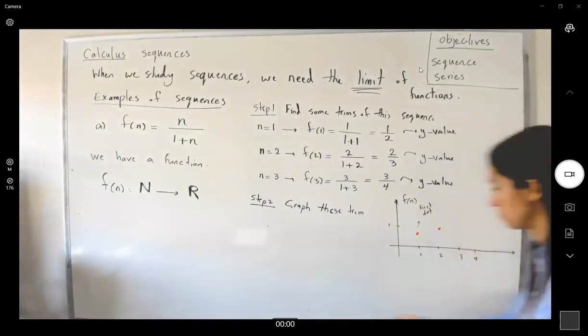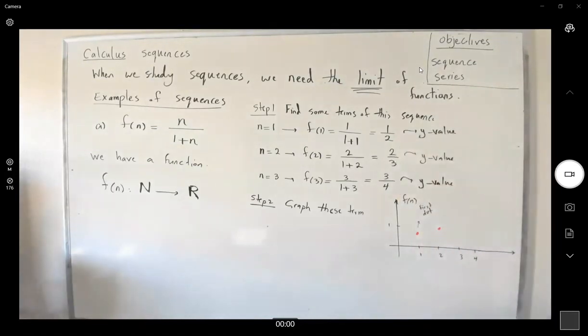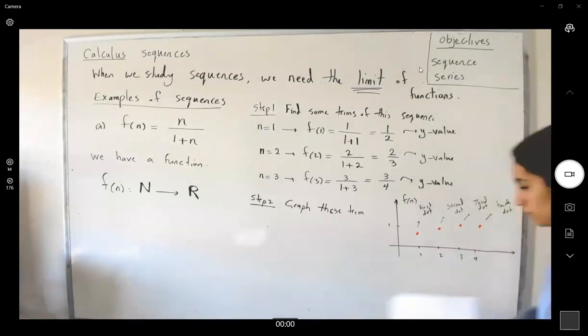This is your second dot, not far away. Then we have our third dot, very close to this guy. And then our fourth dot, and it continues.